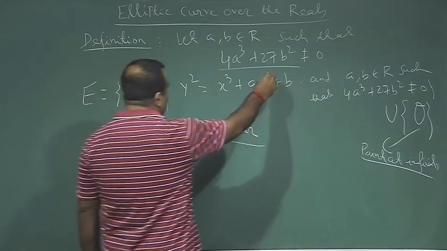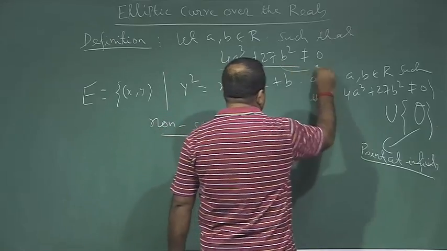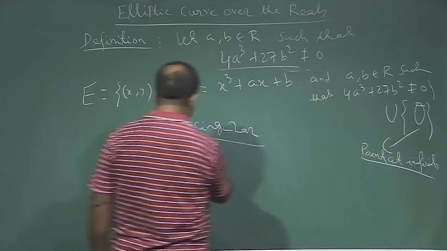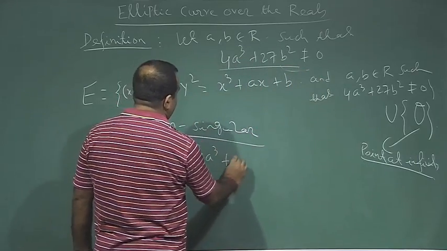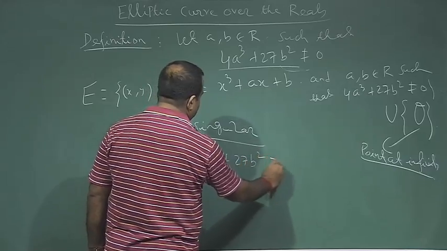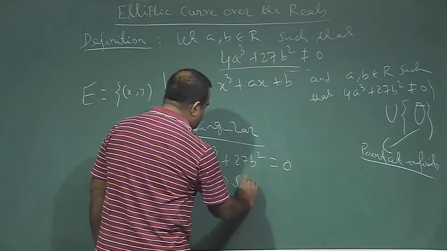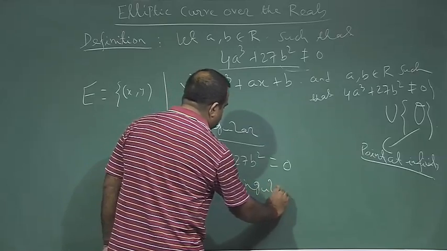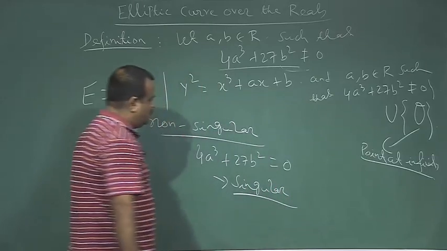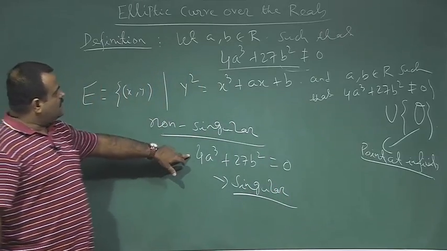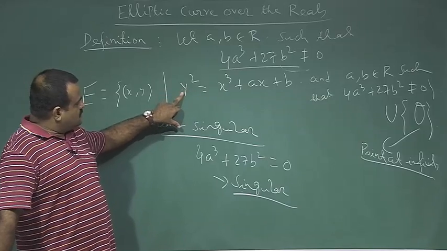And if 4a cube plus 27b square is 0, then it is called a singular elliptic curve.